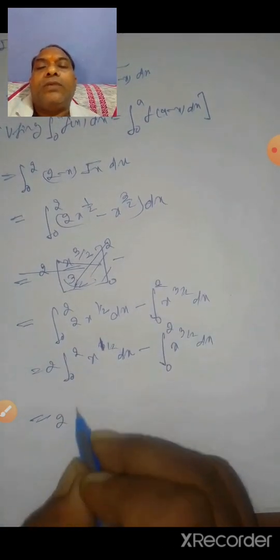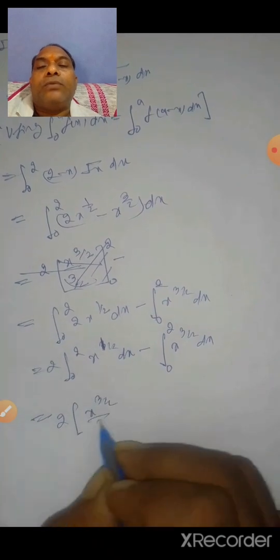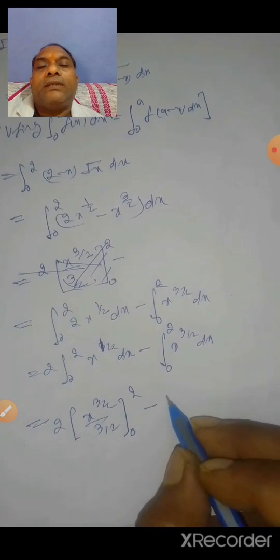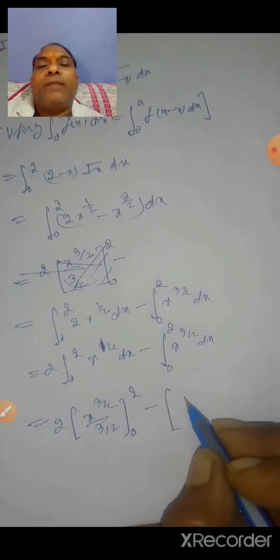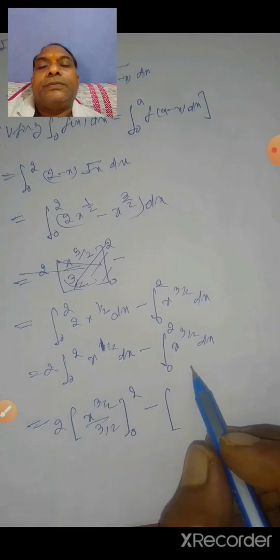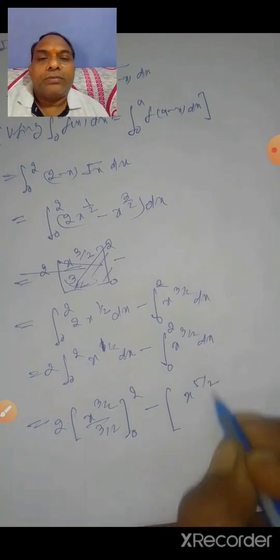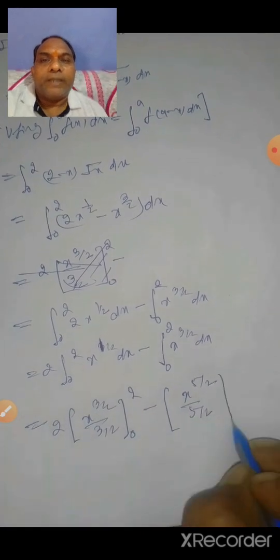2 into x to the power 3 by 2 upon 3 by 2 minus x to the power 5 by 2 upon 5 by 2.